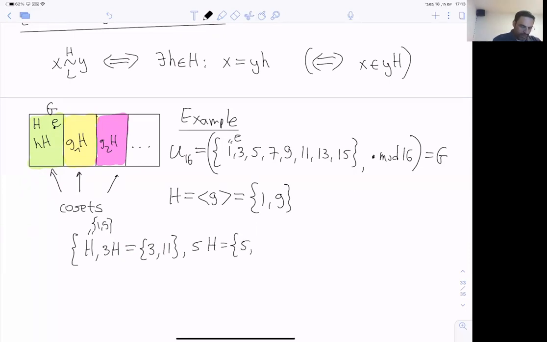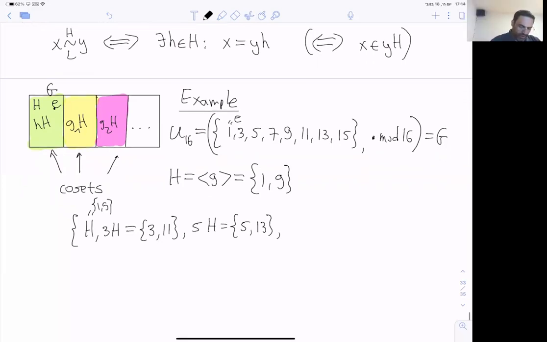Now, 45, how much is it modulo 16? Okay, 45, if I remove 13, 13, yes. So this is another coset. And we also have 7.